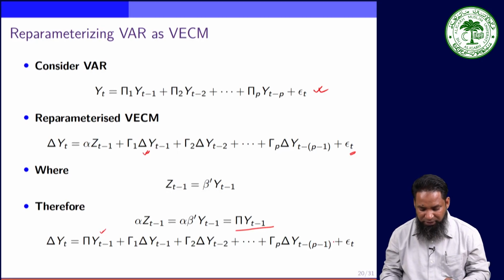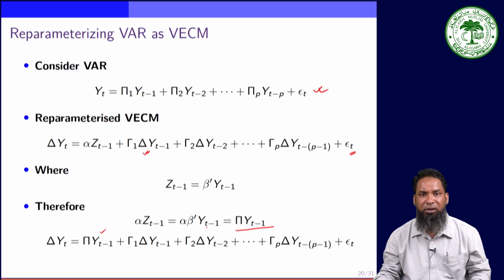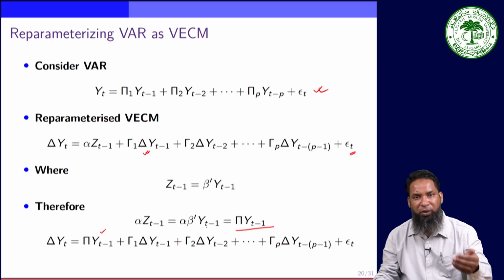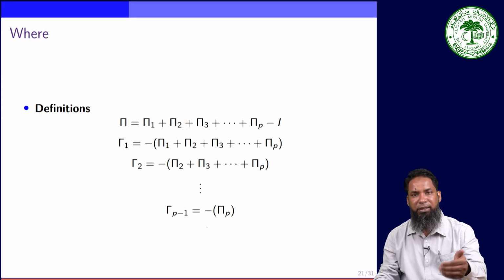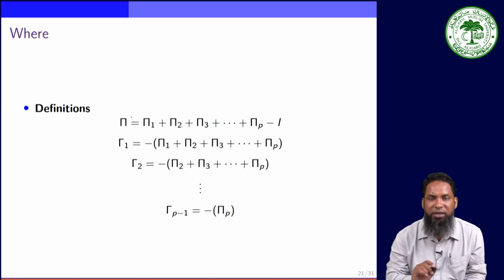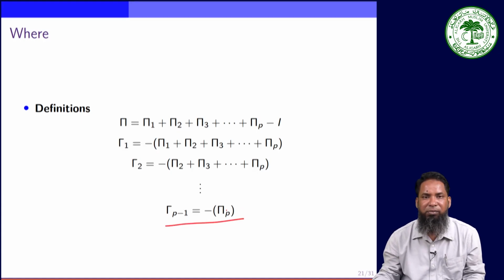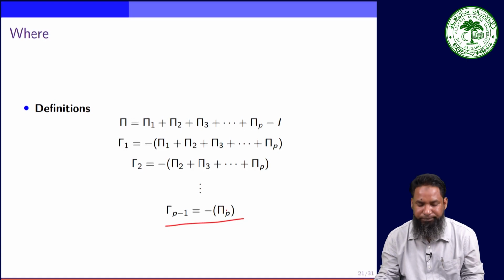Now remember, this pi we are representing is for one lag here. There could be more than one lag, so in that case we can generalize this pi. We can say pi is pi 1 plus pi 2 plus pi 3 up to pi p minus the identity matrix, and we can represent tau p minus 1 as minus pi p.